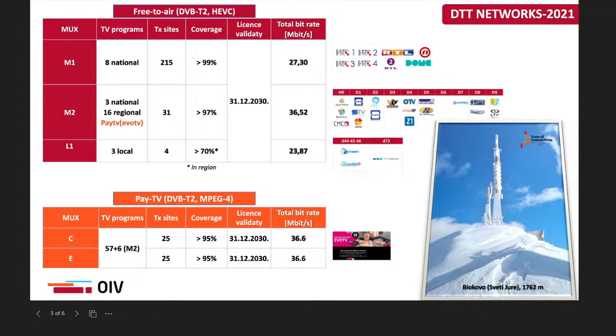We are doing that business with our partners, HT and HD Production. So this pay TV in the M2 multiplex is also EVO TV, Evolution Television market product.